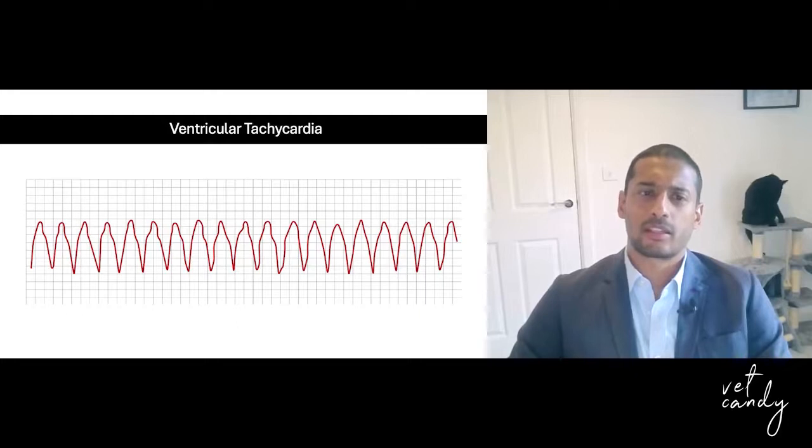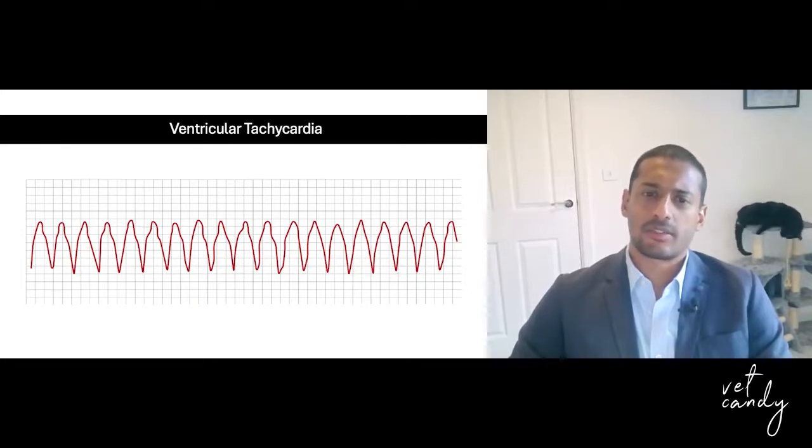Ventricular tachycardia can cause weakness, collapse, or even sudden death. On auscultation, ventricular tachycardia is almost always regular, with variable pulse quality and pulse deficits. Similarly to atrial fibrillation, the faster the tachycardia, the more dramatic the pulse deficits are, because the heart doesn't have time to fill and pump a reasonable volume of blood between heartbeats.